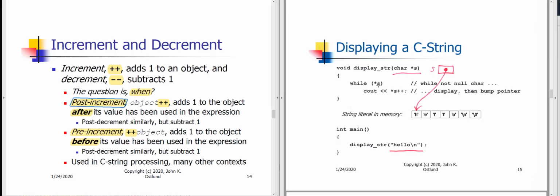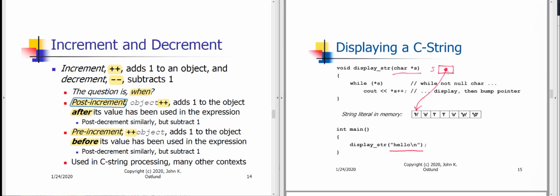In C and C++, false is equivalent to 0. Any kind of 0 is treated as though it were false when you're using it in an if or in a loop. So in effect what we're asking here is: while star s, that is, while the value of the thing that s points to is not 0, perform the cout statement.